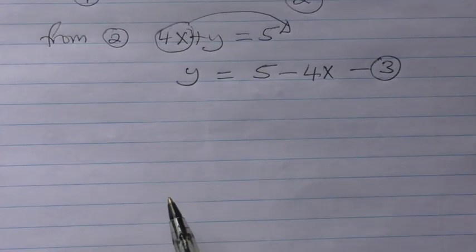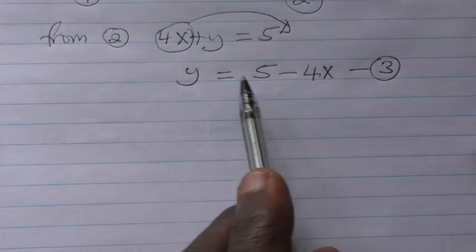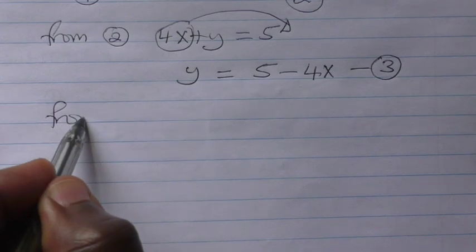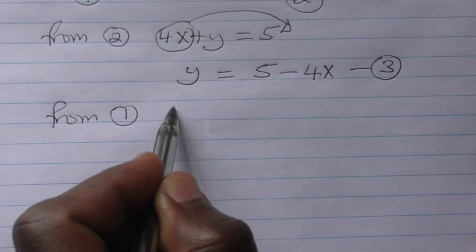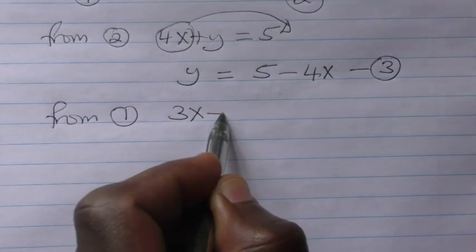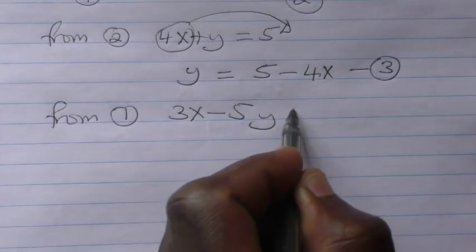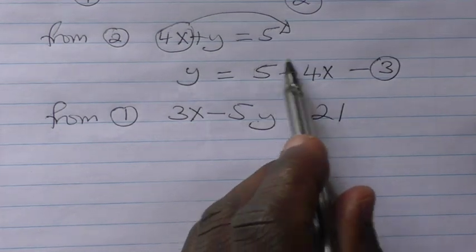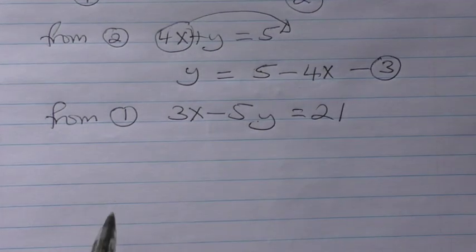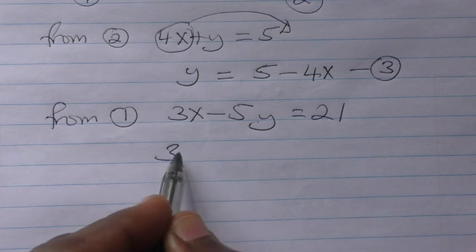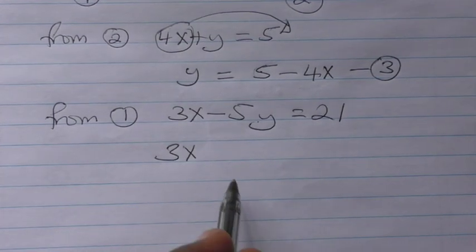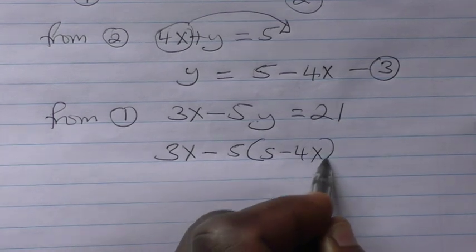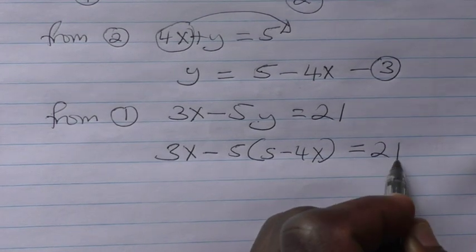So after making y the subject from the second equation, I will now say from equation 1, which says that 3x minus 5y equals 21, where there is y is where I write this. So I will have 3x minus 5 into 5 minus 4x equaling 21.